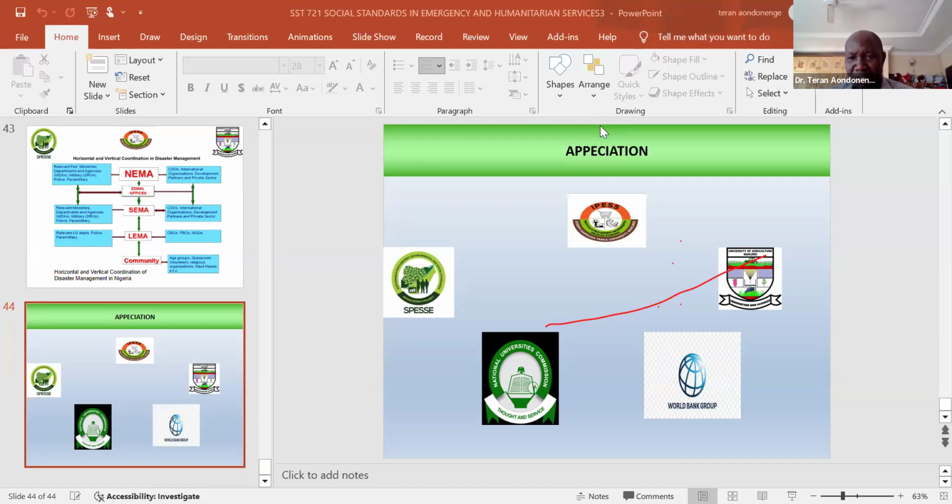Now let me ask that to Chidima. Chidima, name at least 10 common types of disasters in Nigeria. You name them. Then Amos, you tell me how those 10 types of disasters can be mitigated. Each of them.